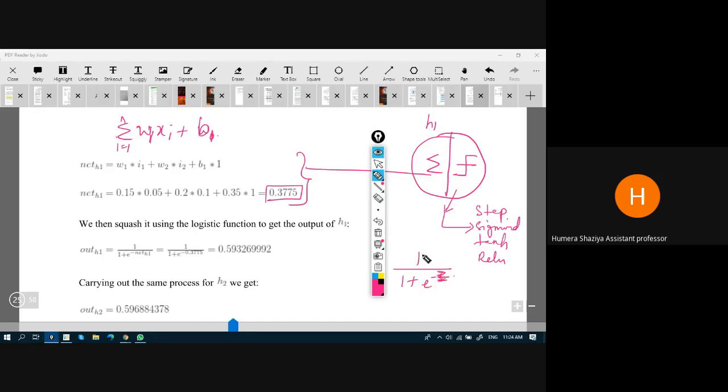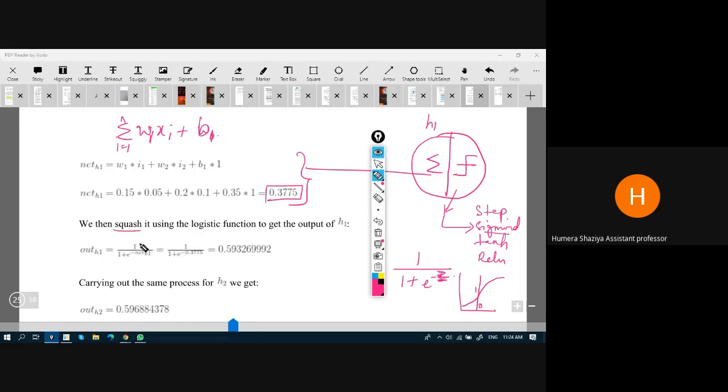So this is the equation for sigmoid. The sigmoid activation function is an S-shaped curve, and it yields a value between 0 and 1.